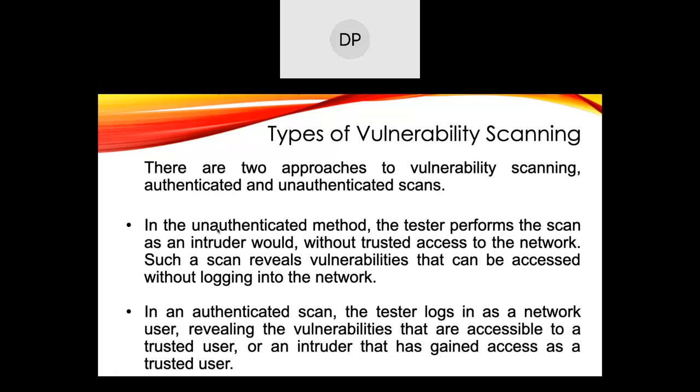These are the basics. If you have to define both types in one line, we can say ethical hackers do authenticated scans and unethical hackers do unauthenticated scans. And these are two types of vulnerability scan.